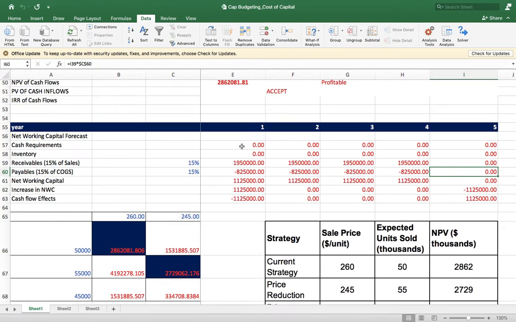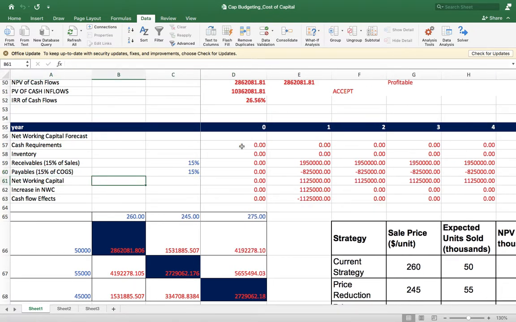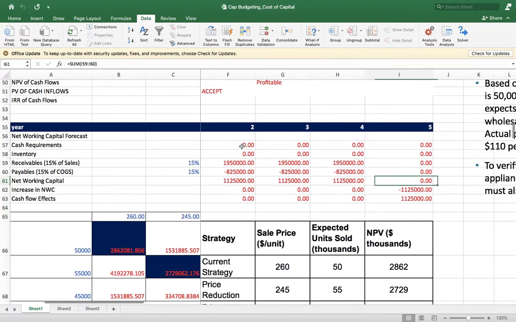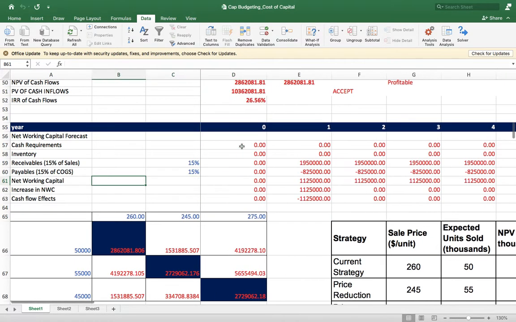Again in year 5, there is no sales, no purchase. Net working capital is the sum total of current assets minus current liabilities, which is 1.125 million from year 1 to year 4. Year 5 is also 0.